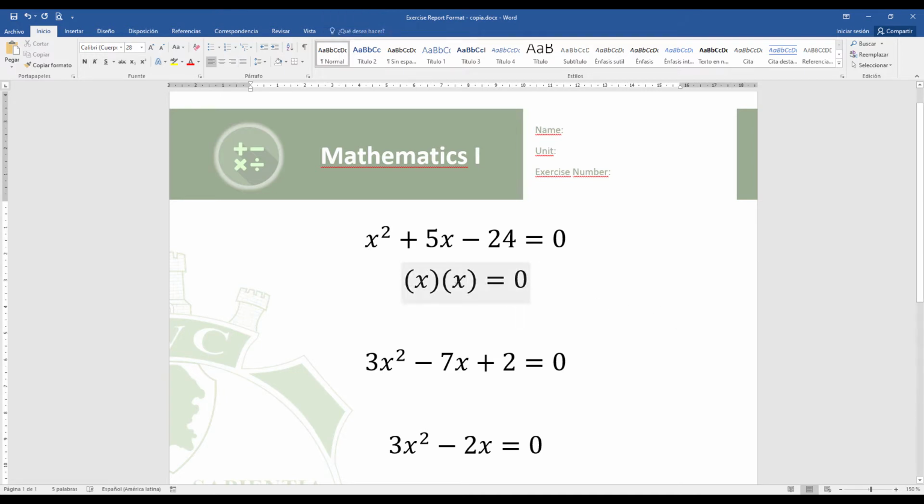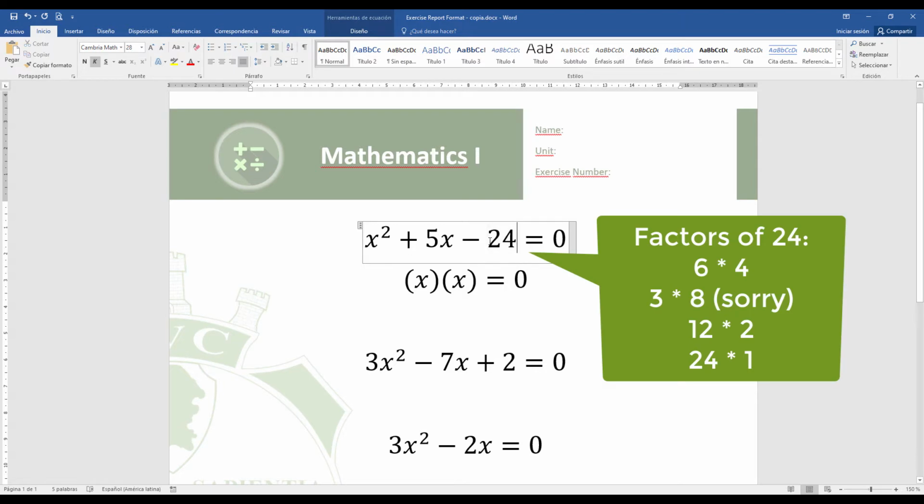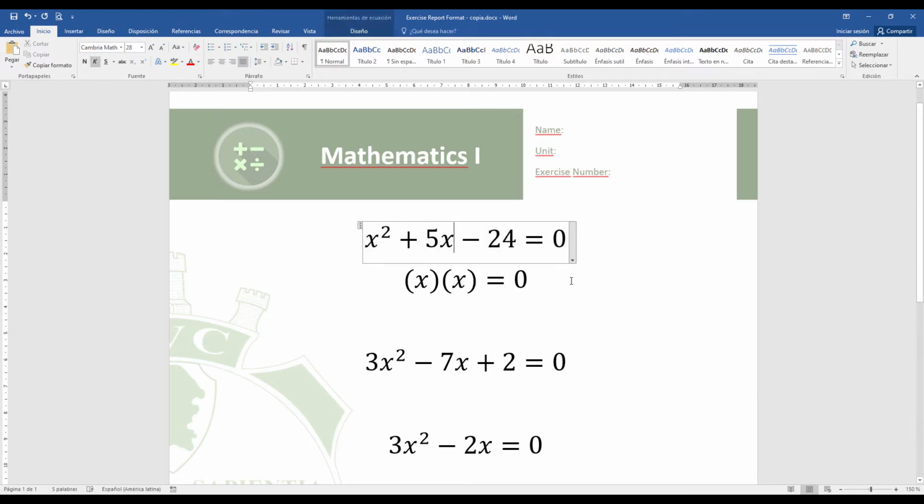Now you need to look for the factors of 24. You can multiply 6 times 4, 3 times 8, 12 times 2, and 24 times 1. So it has many factors, but you need to check those factors, adding or subtracting them, until you get 5x, or 5.